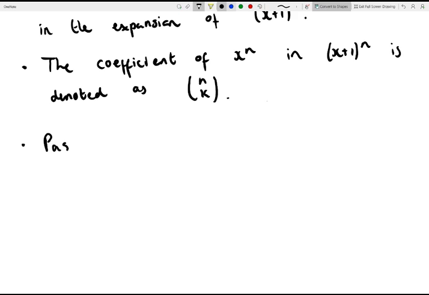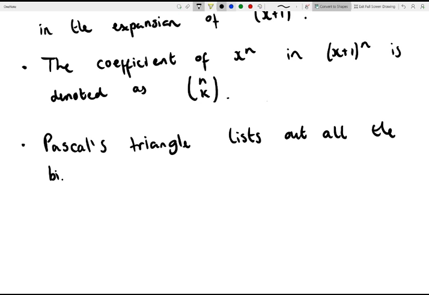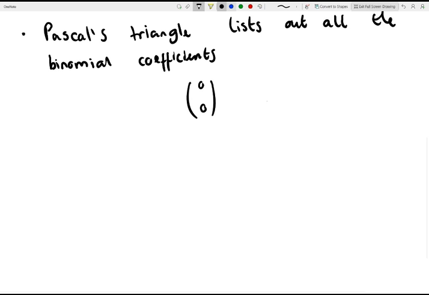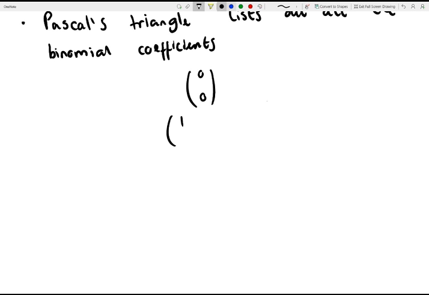And Pascal's triangle lists out all the binomial coefficients. And it does this in the following way. In the 0th row we'd have 0 choose 0. In the first row we'd have 1 choose 0 and 1 choose 1.